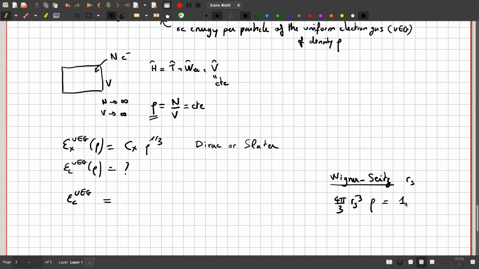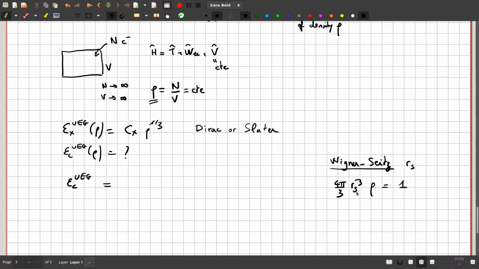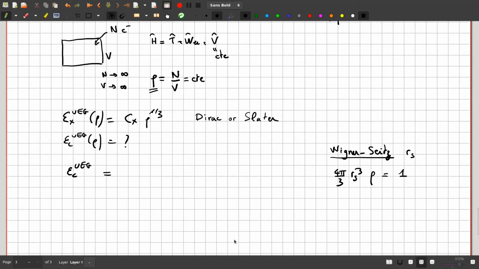That's the definition of this Rs. And so you see it is inversely proportional to rho. So when Rs goes to 0, this is the high density limit. We know the exact expansion of this correlation energy.